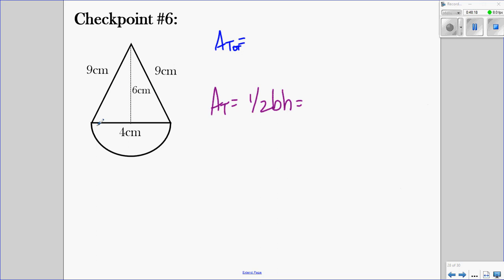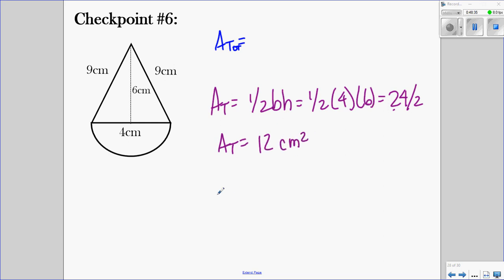We have the base, which is 4, and then the height, which is 6. 4 times 6 is 24, and half of 24 is 12. So 12 square centimeters. For this half circle, let's put area of the half circle.